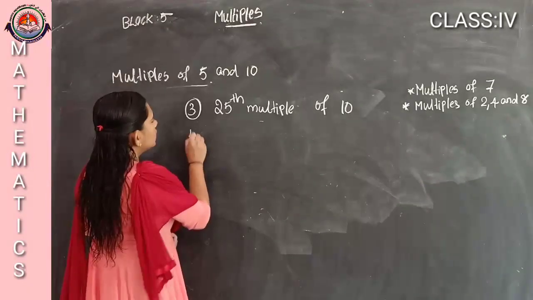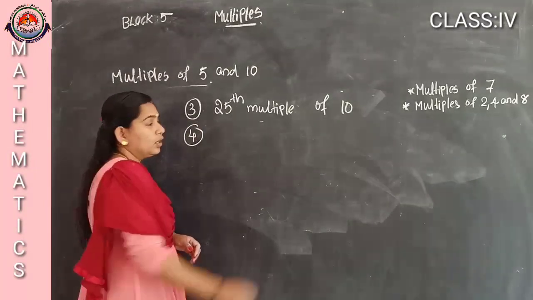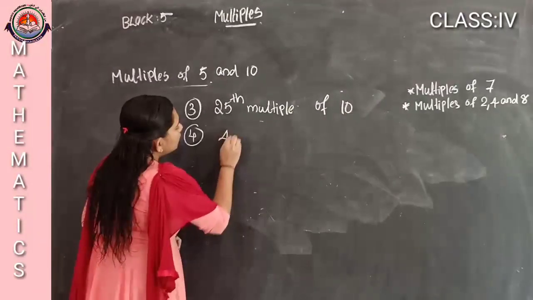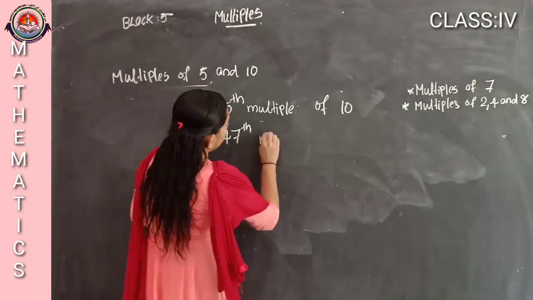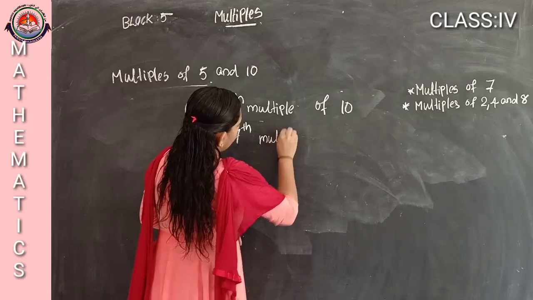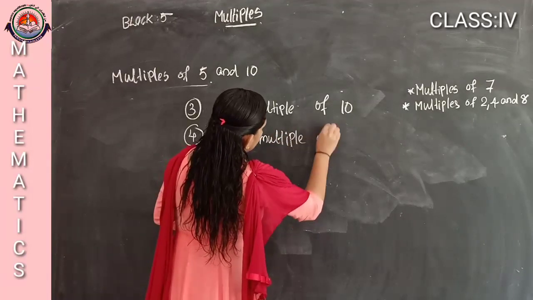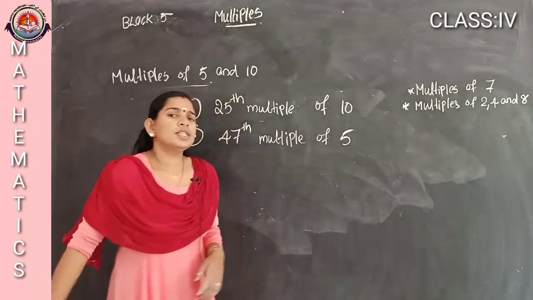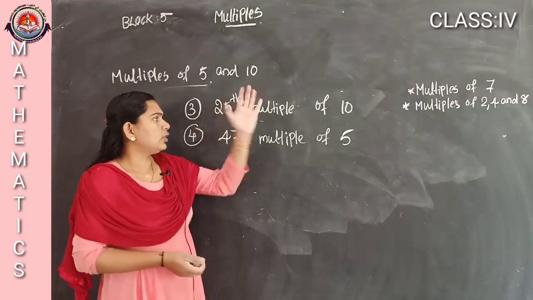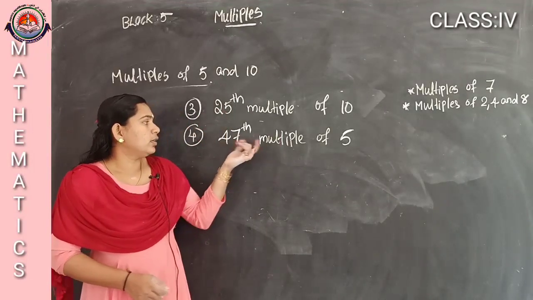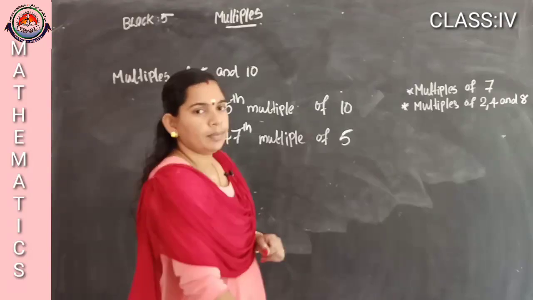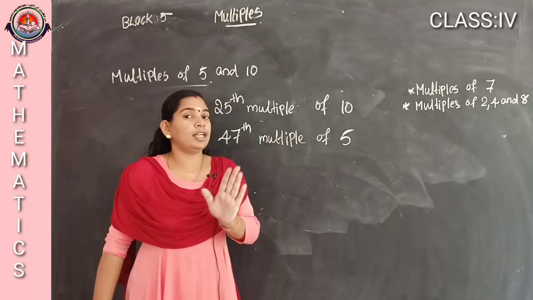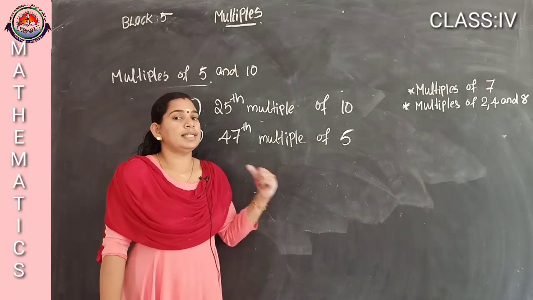And the fourth question: find the 47th multiple of 5. Let's do it alone. Find the 25th multiple of 10 and the 47th multiple of 5. Do it alone. After writing only, you listen here. Okay.